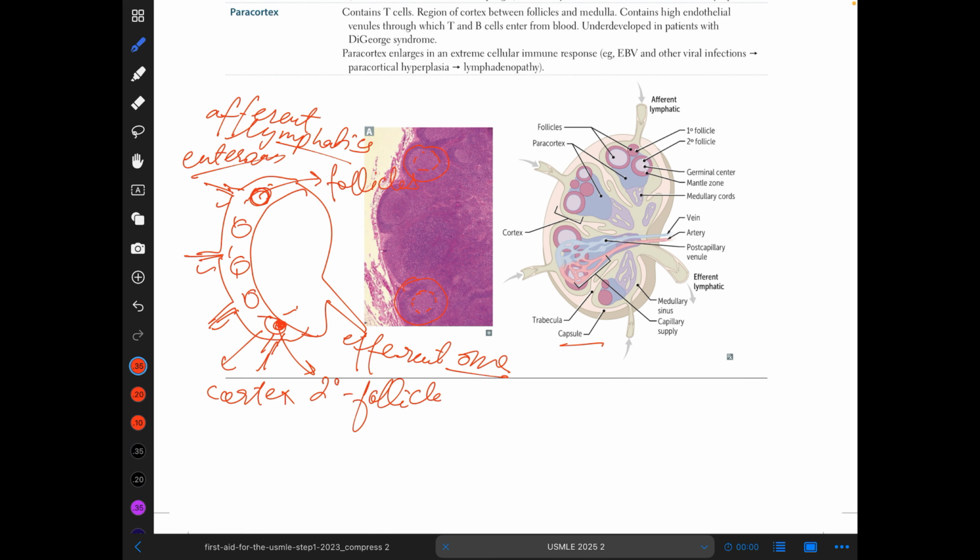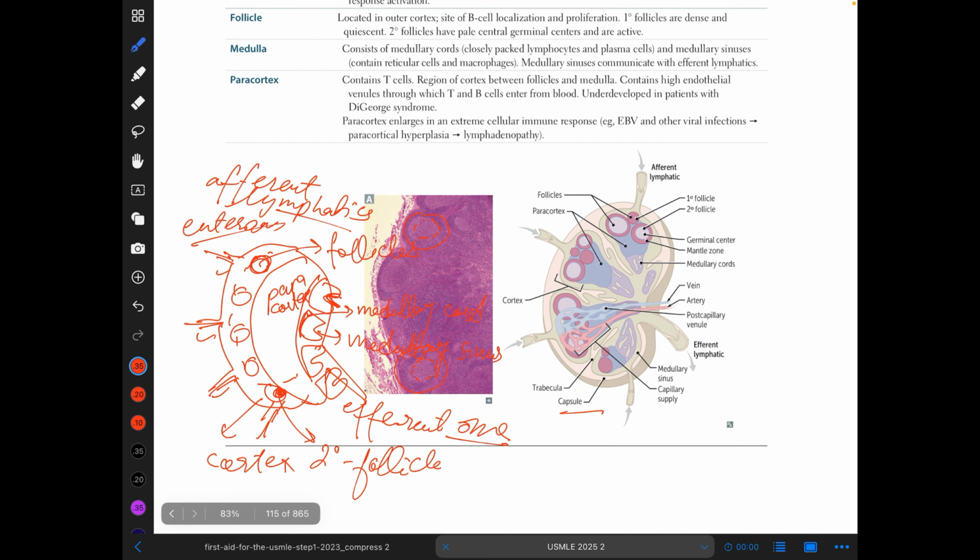After the cortex, we have a part called the paracortex. After the paracortex, we have the medulla. The medulla has two parts, the medullary cord and the medullary sinuses. This is the structure of a lymph node.